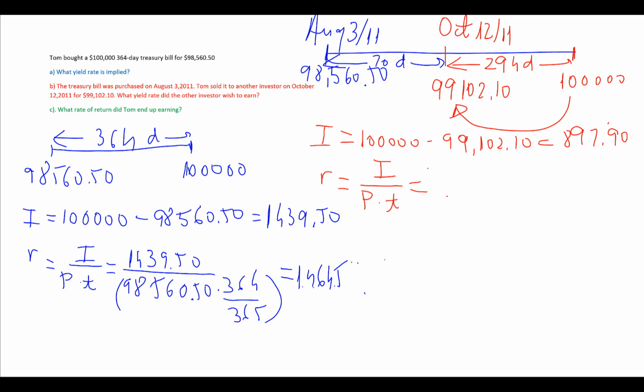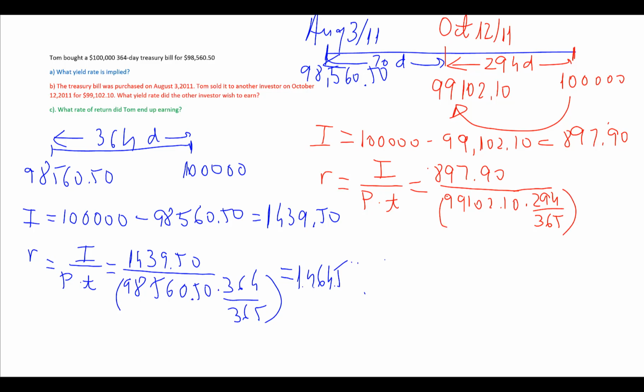So we have a return of $897.90 divided by the purchase price for the second investor, $99,102.10, and the time 294. We divide by 365 to convert into years.